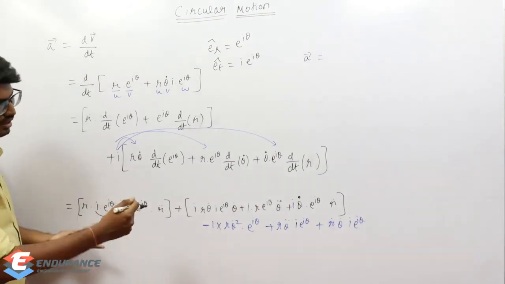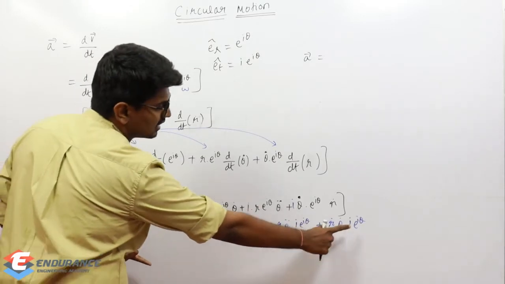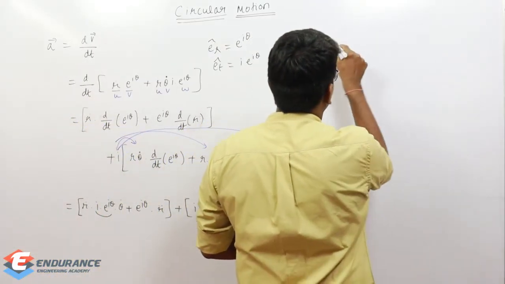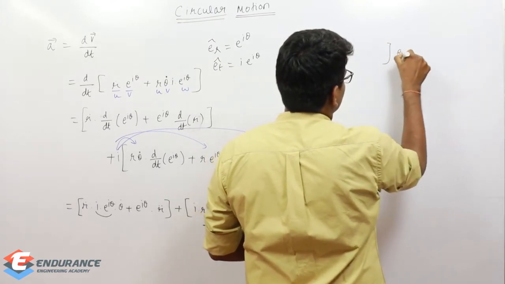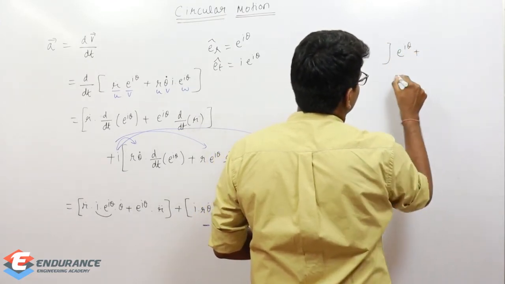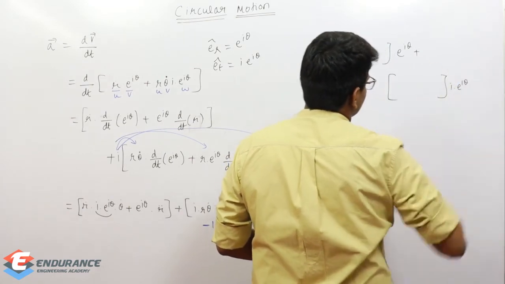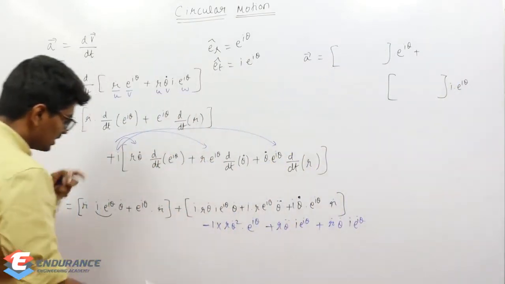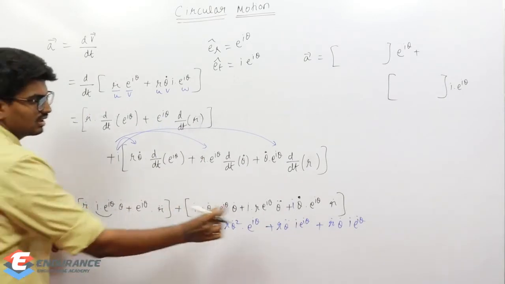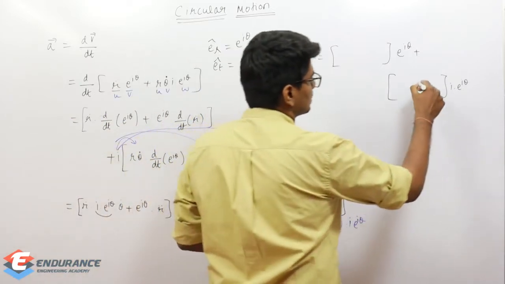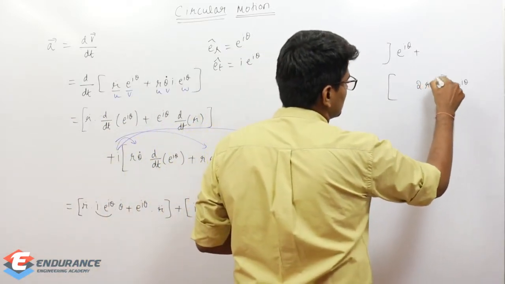Another r dot theta dot we have here, right? So let me write it like this: e power I theta plus I into e power I theta. So r dot theta dot, r dot theta dot, if I am adding them both, 2 times r dot theta dot.